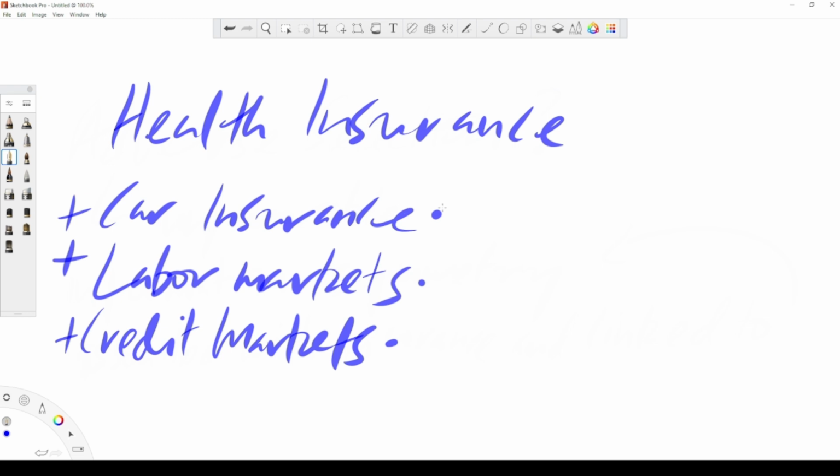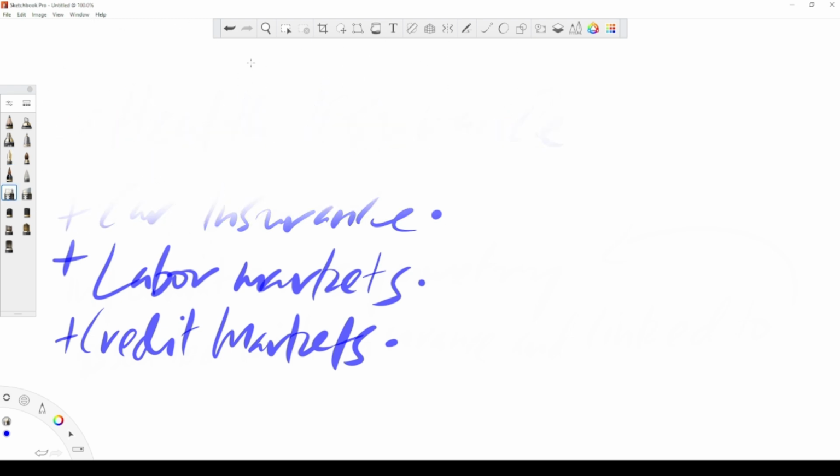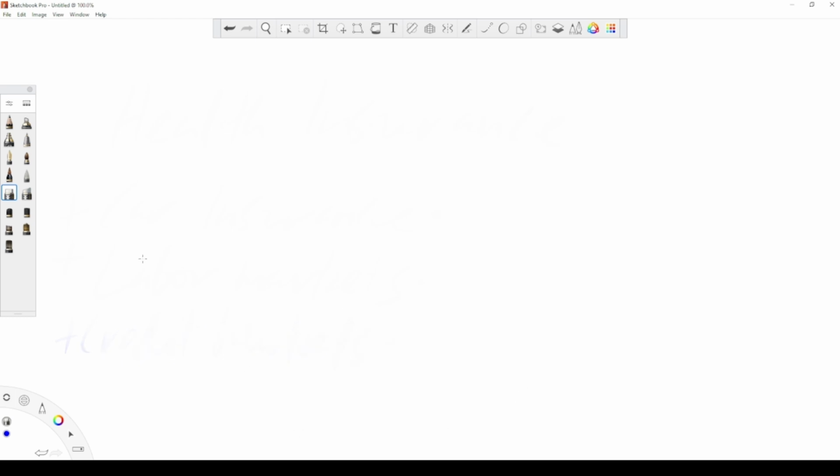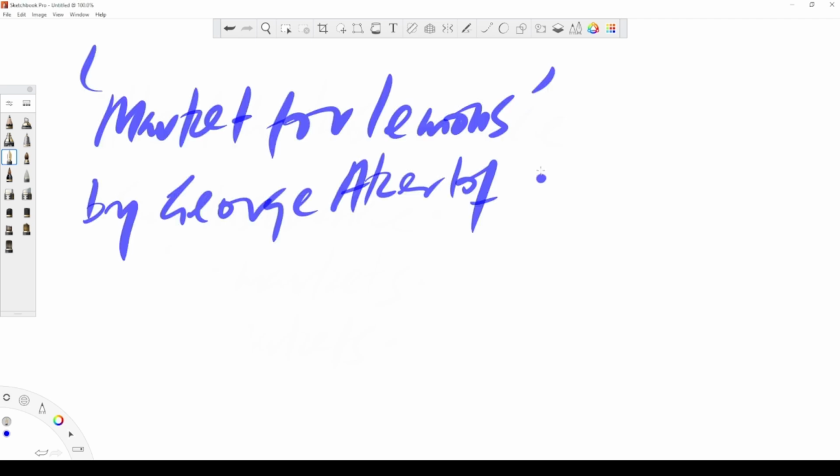All right, so let's talk about a classic example of adverse selection. We are going to discuss the market for lemons. The market for lemons is a paper written by George Akerlof, and this is a classic example of adverse selection.